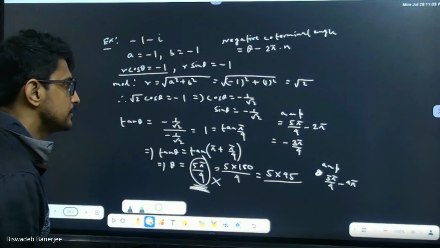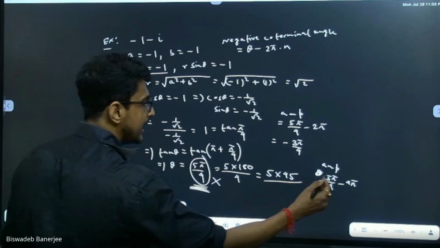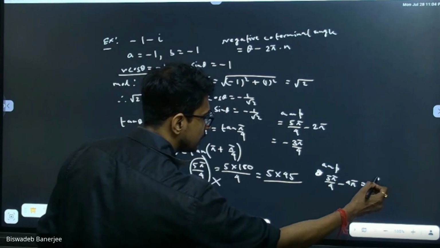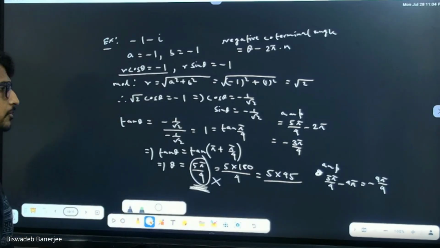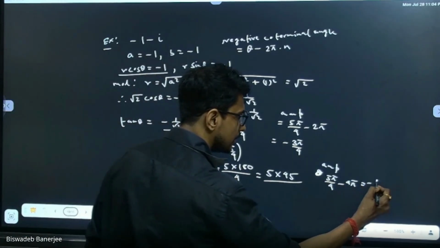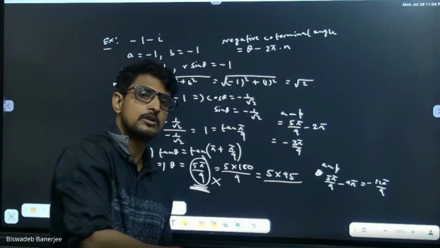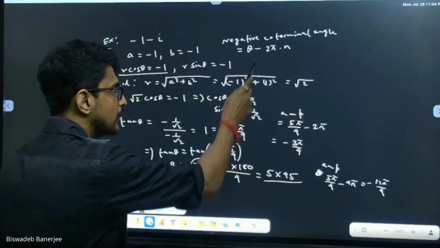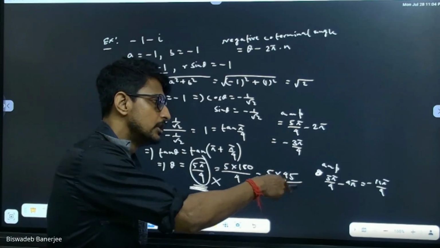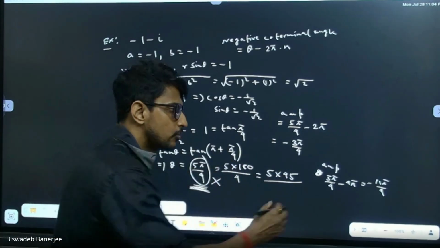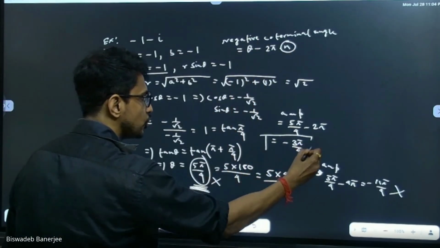That will be minus 11 pi by 4. But this value does not lie between minus pi and plus pi, so you can't consider this. So we always take n equal to 1, and my amplitude becomes this.